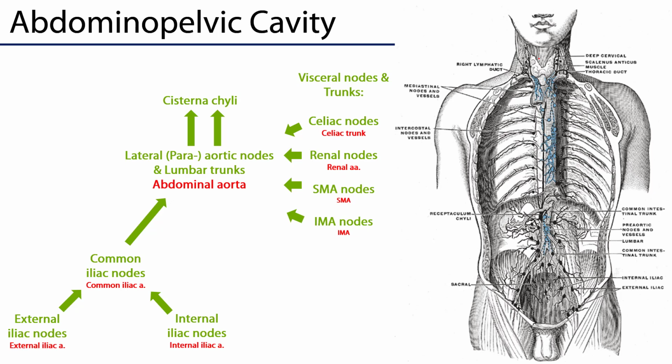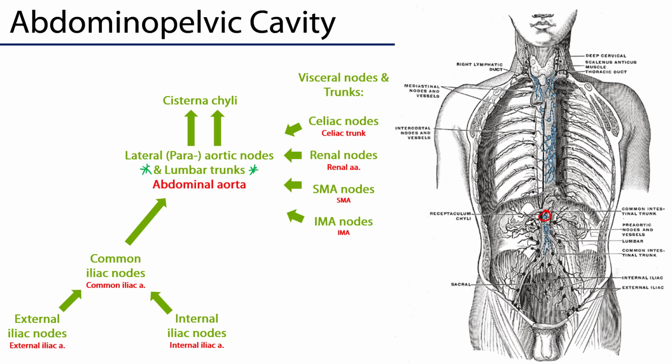Now let's take a look at the abdominal pelvic cavity. So some things to keep in mind. Everything ultimately is going to be flowing into the cisterna chyli. And let me change colors here to green. The major clearinghouses of the abdominal pelvic cavity are the lumbar trunks.